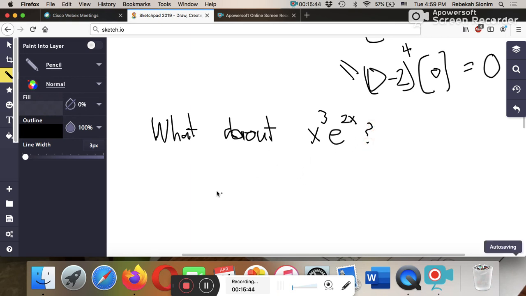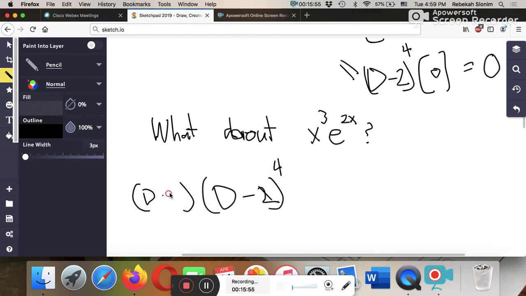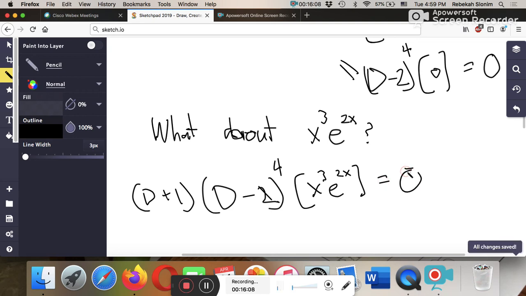Okay, so the question is d minus 2. You might say, okay, well maybe if I had d plus 1 times d minus 2 to the 4th, and you apply that to x cubed e to the 2x, maybe we can see why that's 0, as long as we accept that d minus 2 to the 4th annihilates this thing.